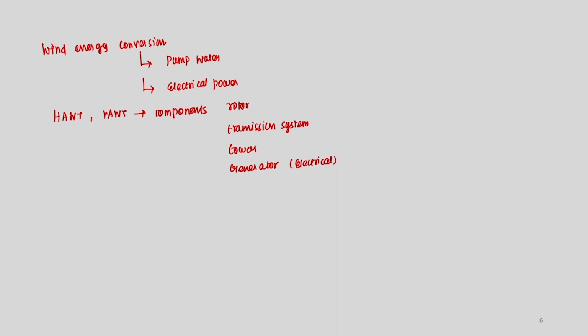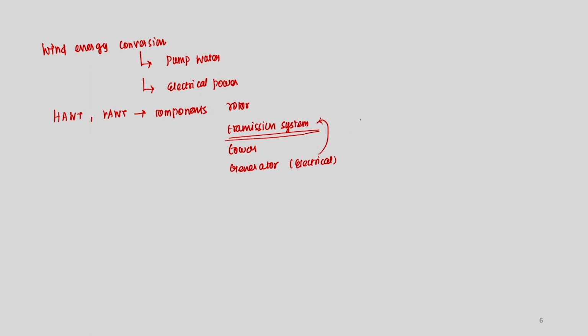So, if you want to pump the water, then you might have a pump. Based on that, there are certain component changes in the transmission system as well. So, normally you will have a low speed shaft, high speed shaft and brake, such things for normal electrical conversion to generate the electricity.